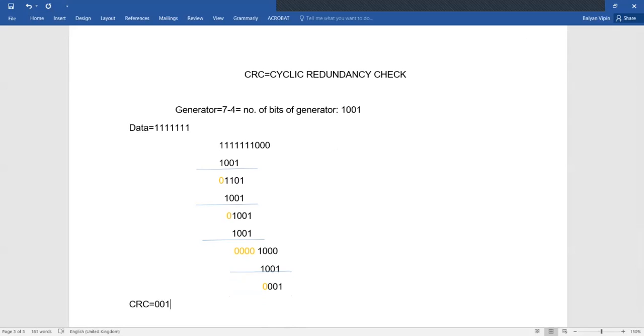And what is CRC? CRC is always the remainder. It's not the quotient. That's why we are not looking at the quotient part of it. We are looking at the remainder only.